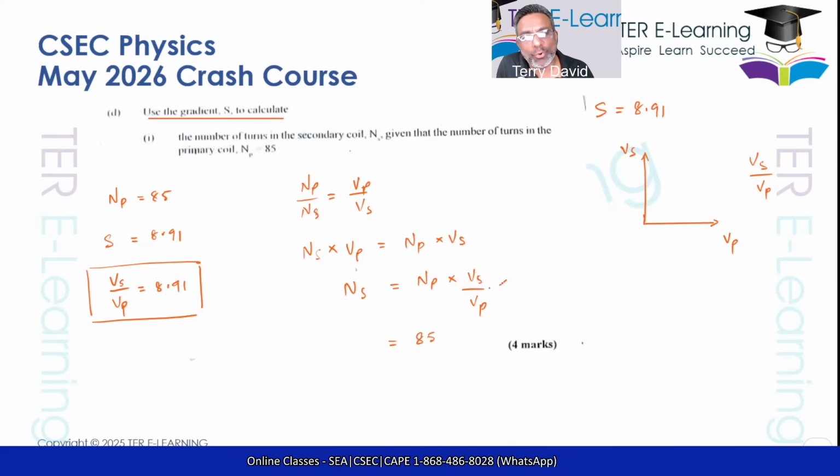And we know what Vs on Vp is, that's what you just worked out here. So that's multiplied by 8.91. So in this case, it'll be 85 by 8.91. Now, because we are dealing with number of turns, we have to round this off to a whole number. So in this case, I'll put 757 turns.